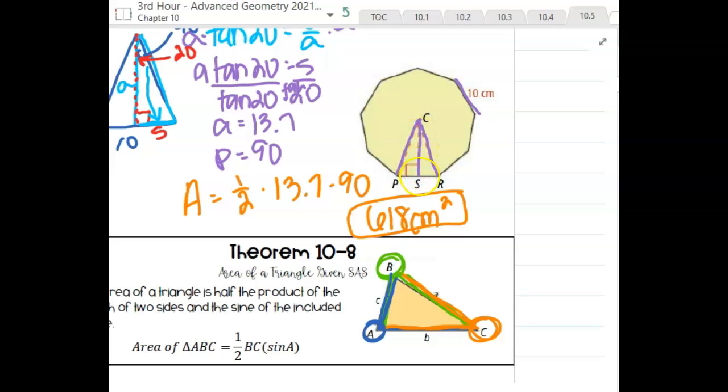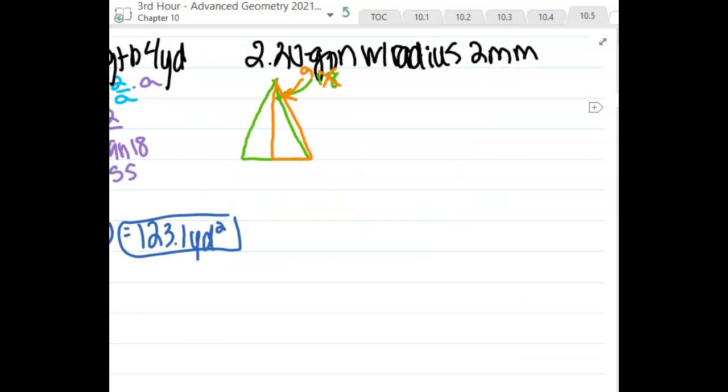We're looking for the apothem, but if you look at both of these triangles that I've created, the radius is which side in each of these triangles? The outside, yes. It's the hypotenuse. See that? And every single time, it's going to be the hypotenuse. So this side right here, that's your 2.